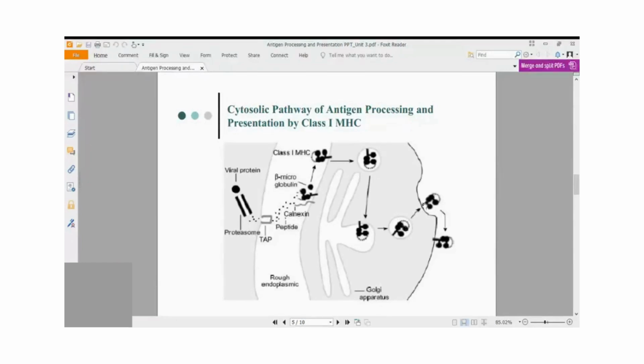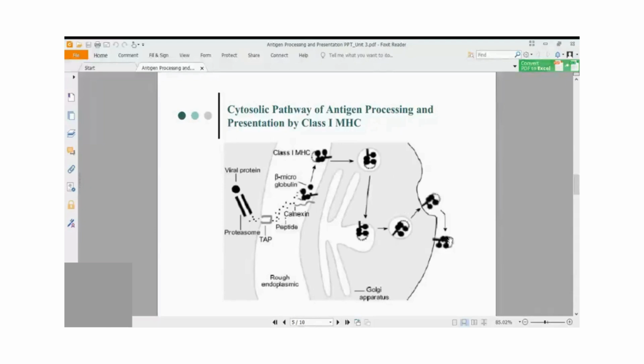When it everts out, the class 1 MHC molecule is expressed on the plasma membrane with the antigen bound to its antigen groove. Now you realize here, if it was a self antigen of cellular origin, which was processed inside the lumen of the rough endoplasmic reticulum, which had bound to the class 1 MHC antigen groove, that will facilitate the class 1 MHC to present the self antigen.